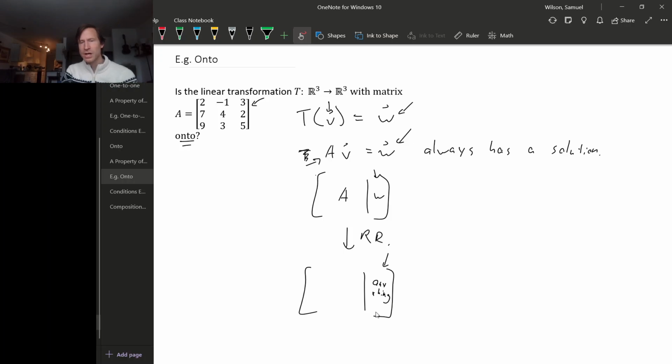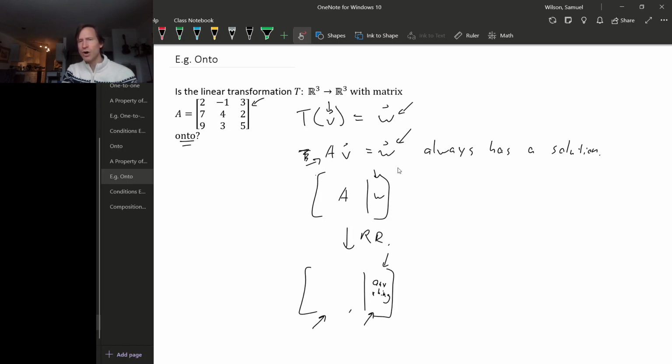So what would have to be true about the reduced row echelon form for this to always have a solution? Well, remember, what causes there not to be a solution is if we have something non-zero in our augmented column, but a row of zeros in the matrix portion of this augmented matrix.